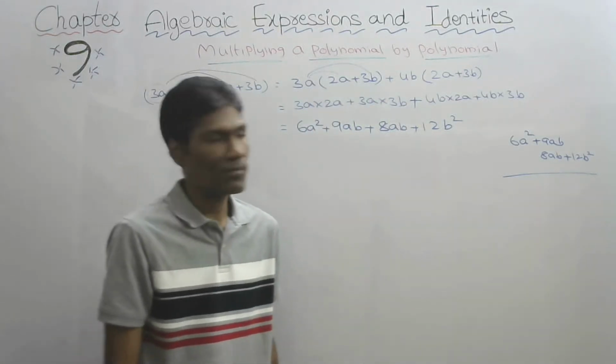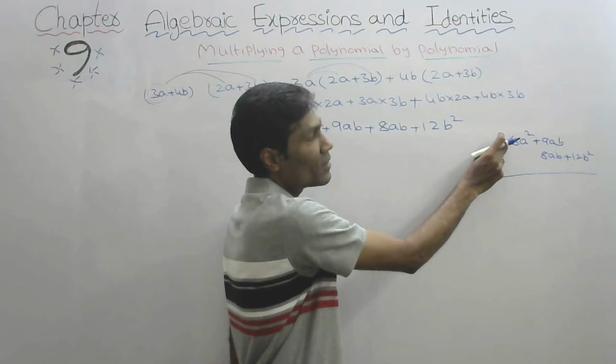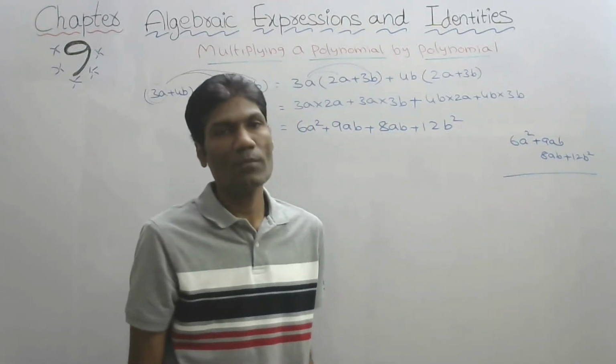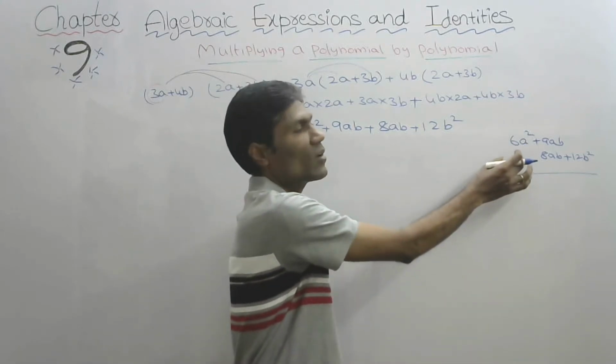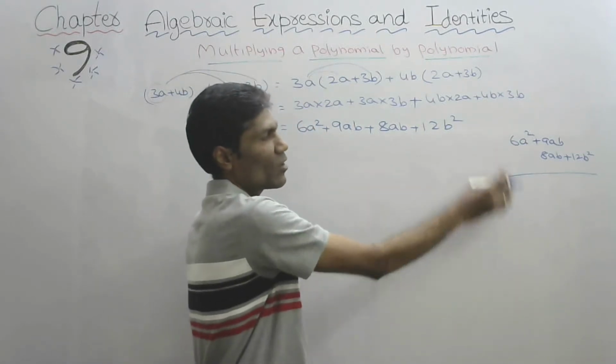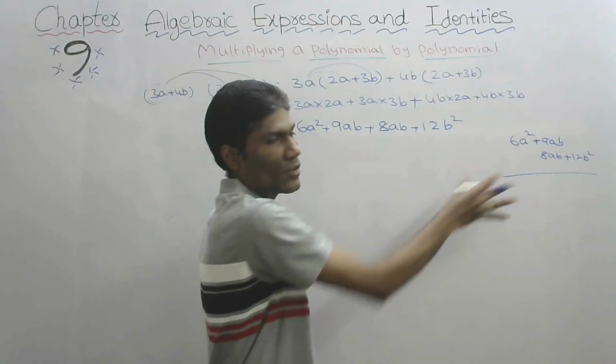Like that we are doing. This is called vertical method. Vertical method means one below the other. Always we cannot do this. Why? Because it will take a lot of time and a lot of space.